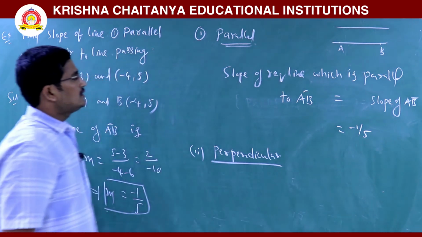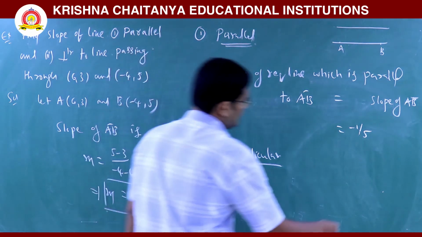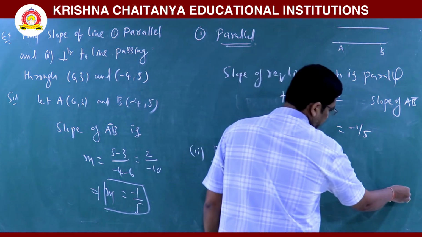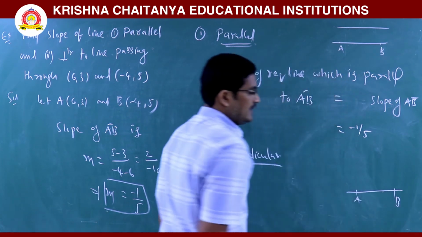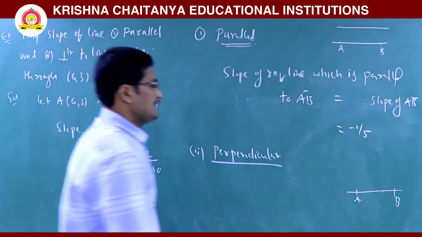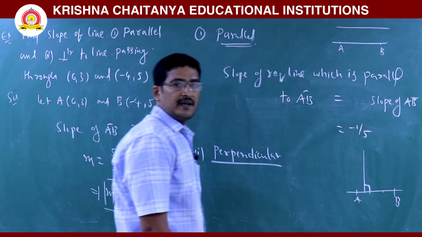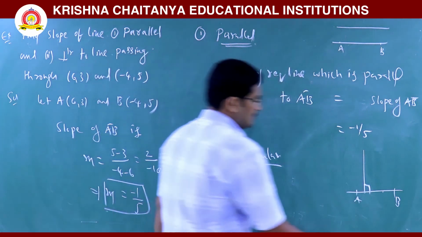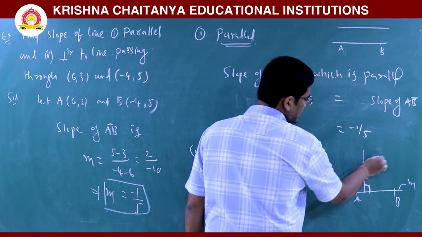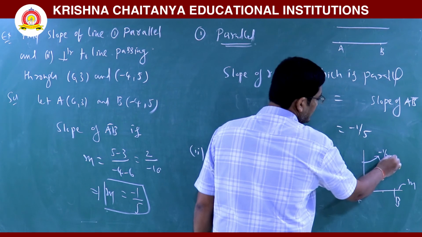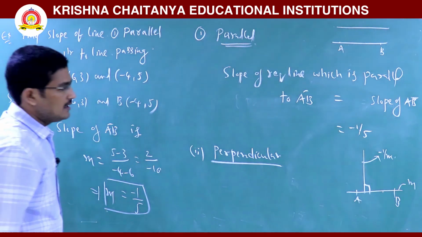To find the perpendicular slope, this is the line AB bar in the coordinate system, and this is the perpendicular line. Suppose the slope of this line is m, then the slope of the perpendicular line is minus 1 by m. By using that concept, I have to finish this sum.